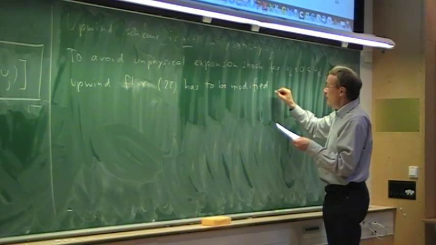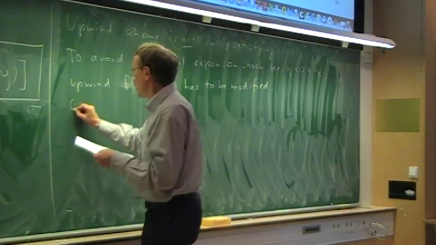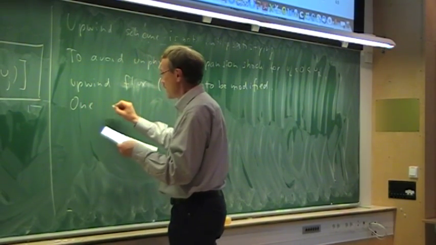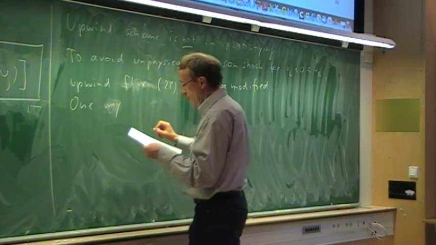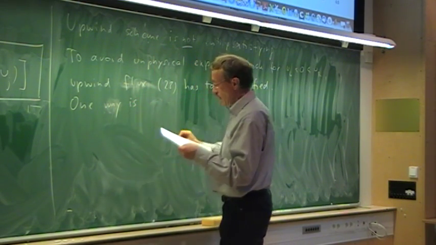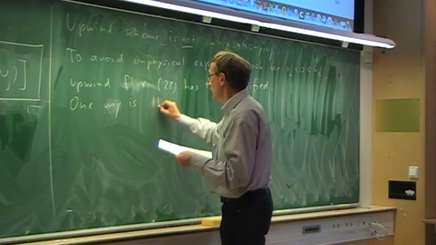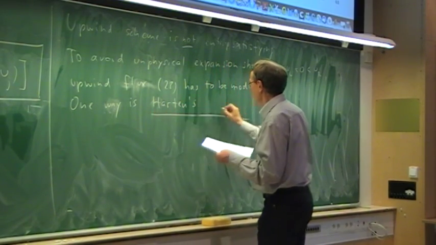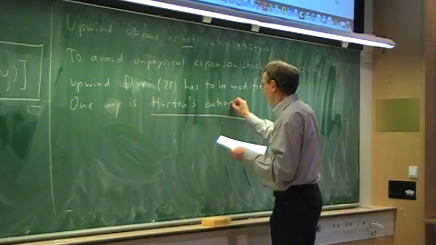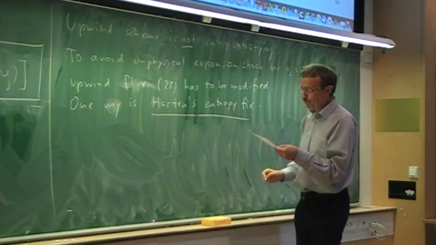And one way, probably the most used, is the so-called Harten's entropy fix. That is due to Ami Harten, who also came up with the total variation diminishing concept. And that is the following.